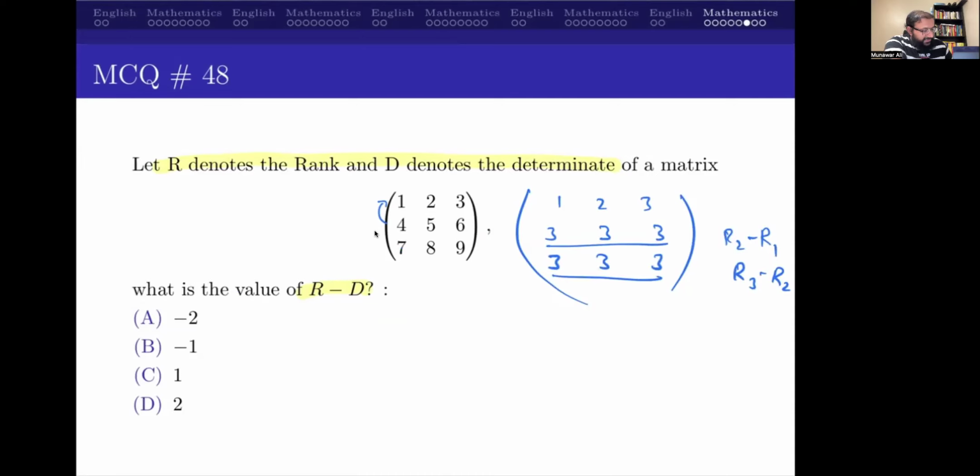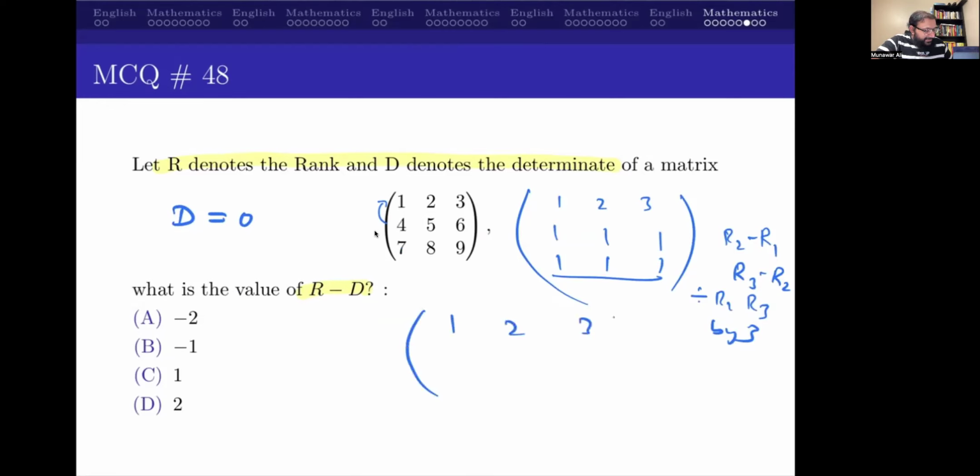If I divide R2 and R3 by 3, then maybe all these things would be 1, 1, 1. And you know very well, if two rows or columns in a matrix are equal, the determinant is always 0. So the determinant is 0. We don't need to worry about that anymore. And now what am I doing?